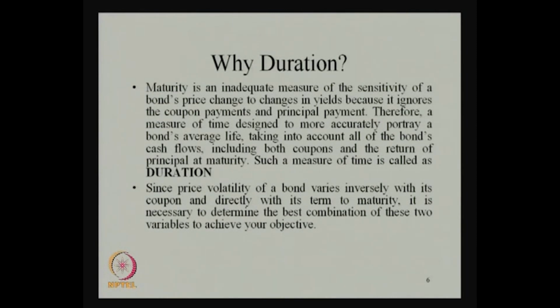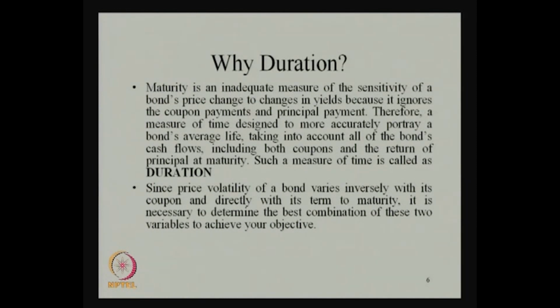If you ask why duration, duration is used because maturity is an inadequate measure of the sensitivity of a bond's price change to changes in yields, because it ignores the coupon payments and principal payment.